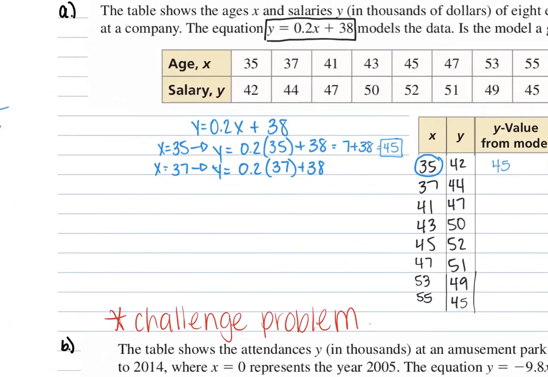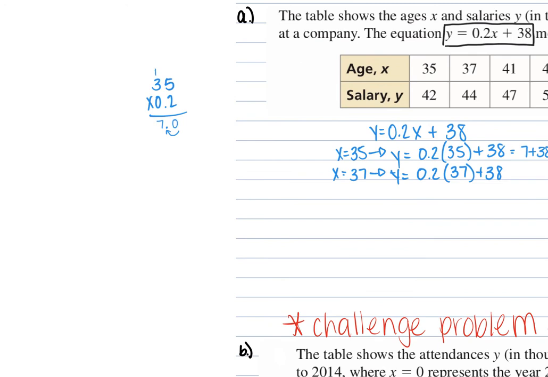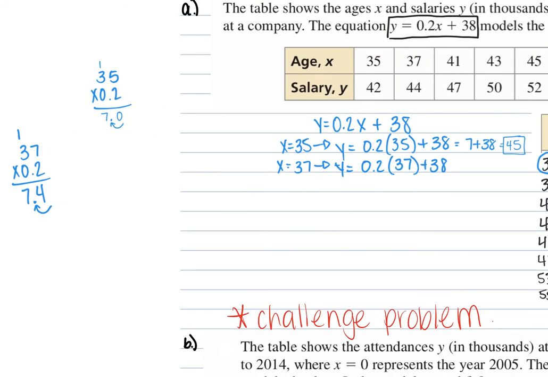Off the top of my head, I do not know 0.2 times 37, so I'm going to move this over. 37 times 0.2. 2 times 7 gives me 14. Put the 4 down here, bring the 1 up here. 2 times 3 is 6, plus 1 gives me 7. Make sure you bring your decimal over. So we got 7.4. Okay, so this is going to be 7.4 plus 38, and this will give me 45.4.